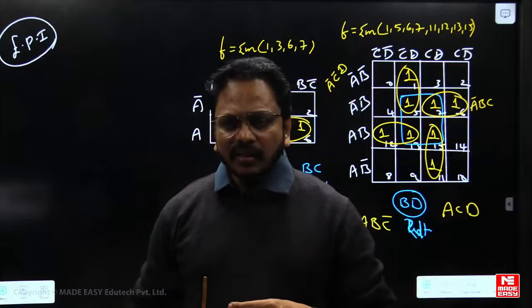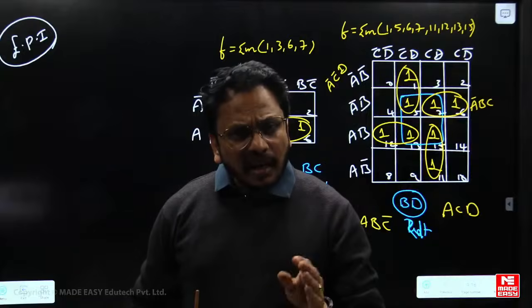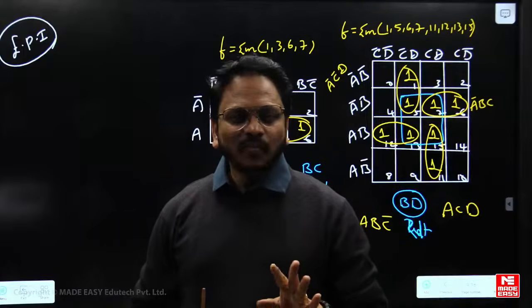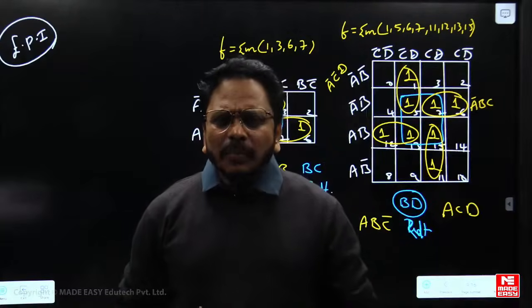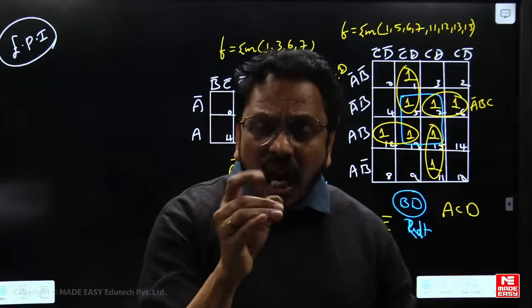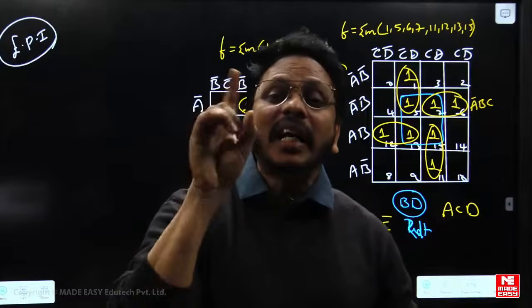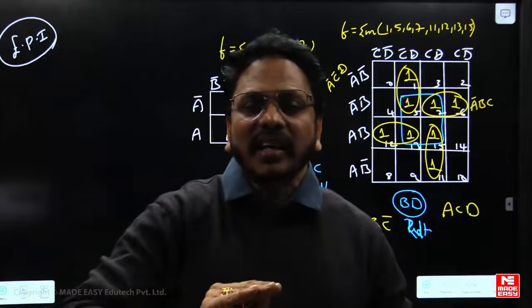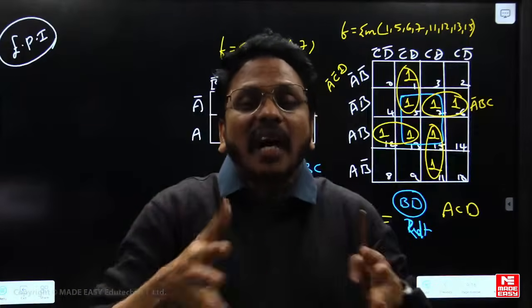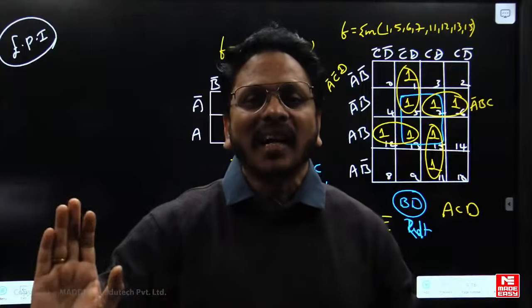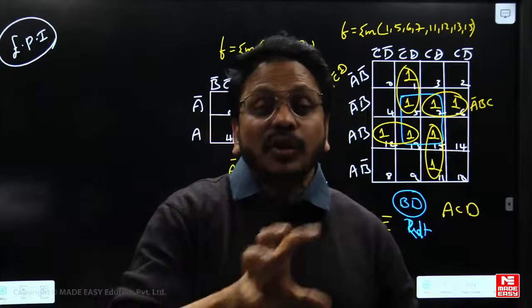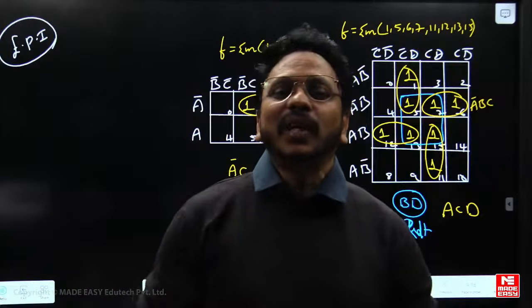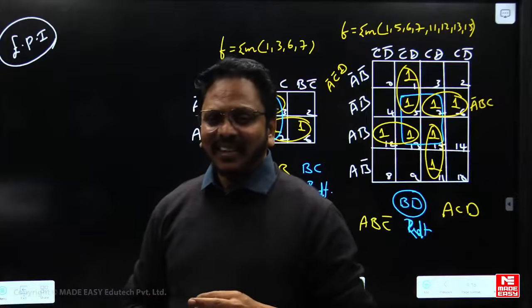Ramesh, say it in Hindi also. Essential prime implicant वो होता है जिसमें हमको कम से कम एक सिंगल वन ऐसा मिलना है कि उस ग्रुप में जो एक ही बार ग्रुप में जा सके और एक बार उसको ग्रुप्स में जाने का मौका उसको नहीं होना है. ऐसा एक वन अगर उस ग्रुप में है तो उसको हम बोलेंगे एसेंशियल प्राइम इंप्लिकेंट.